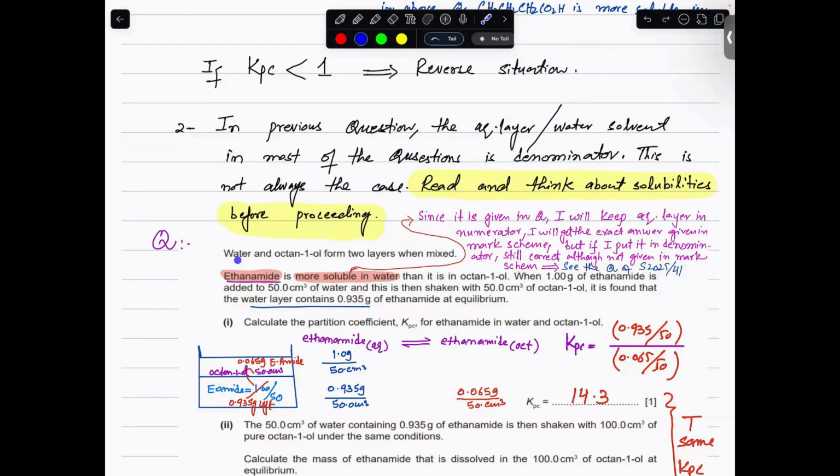Look, water and octan-1-ol are 2 layers. They are immiscible. Ethanamide is more soluble in water. See, they are giving you this in the question. Since it is given in the question, I will keep the aqueous layer in the numerator. And I will get exactly the same answer as given in the mark scheme. But if I put it in the denominator, it is still correct, although not given in the mark scheme.